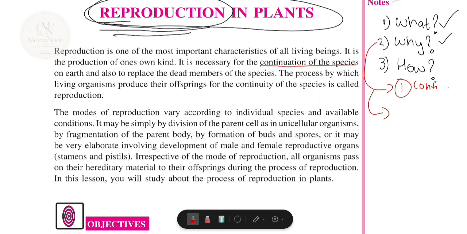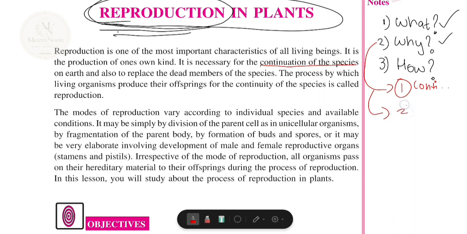Obviously, because organisms die, right? For example, if a grandfather elephant dies, then the population of the elephant is less. So in order to keep the population or to continue the species on earth, reproduction is necessary.